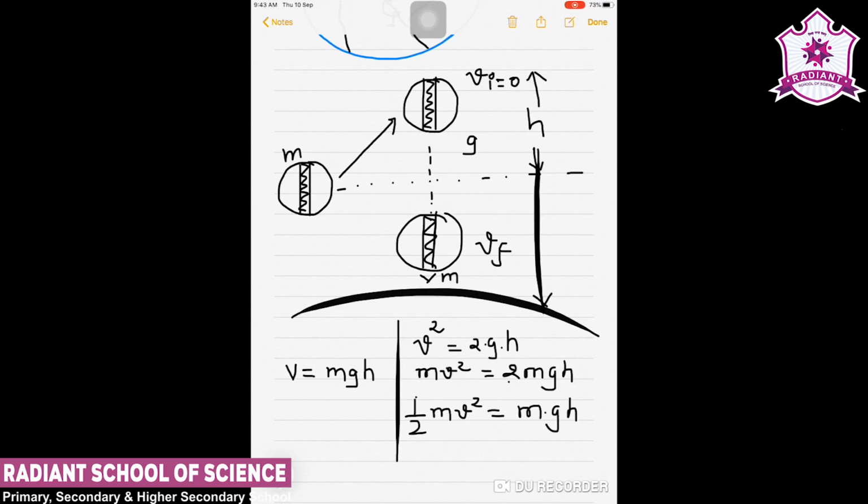Here we can say that whatever the initial potential energy is now converted into this kinetic energy. That is the main role of potential energy: when released, it is converted into kinetic energy.